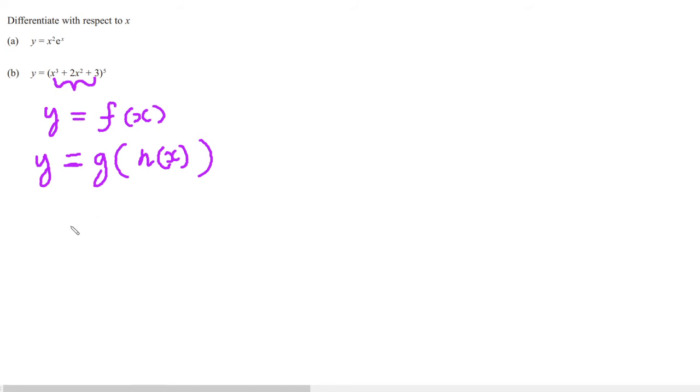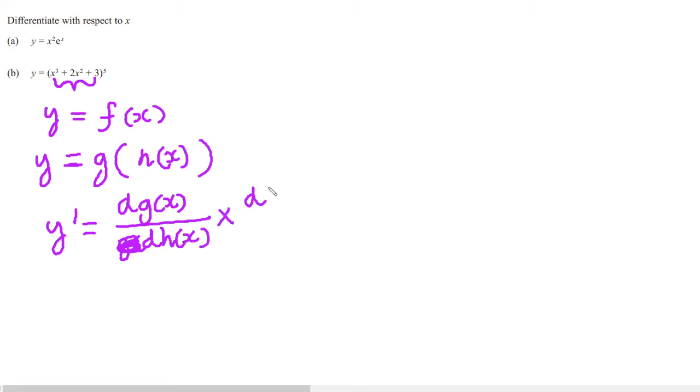Then if you were to differentiate both sides, then y prime is equal to... I apologize, this is incorrect.